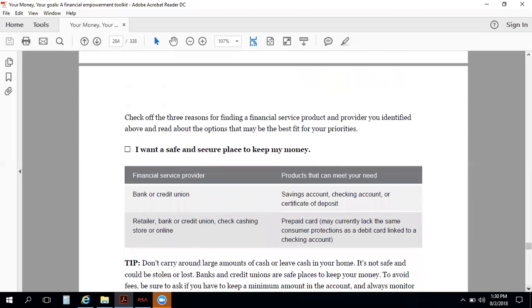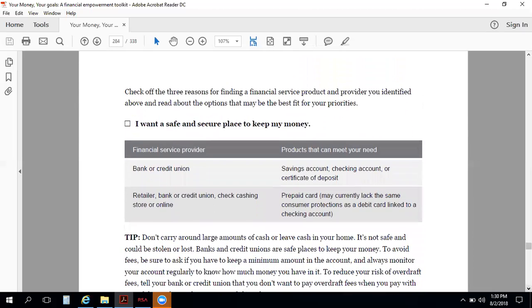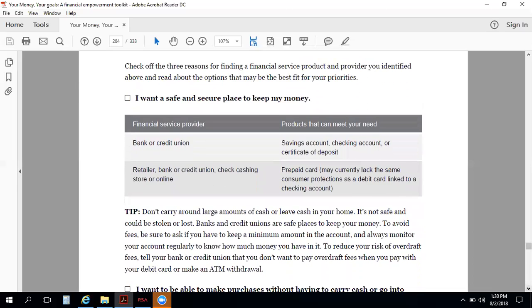And on the next page, it just gives us some examples of what a client's goal might be and some of the options that they have to achieve that goal. So I'm not going to go through all of them, but we can just take a look at a couple of them. So for example, if somebody says that their main goal is that they want a safe place to keep their money, what are the options?